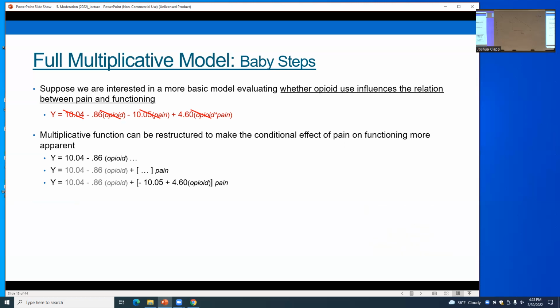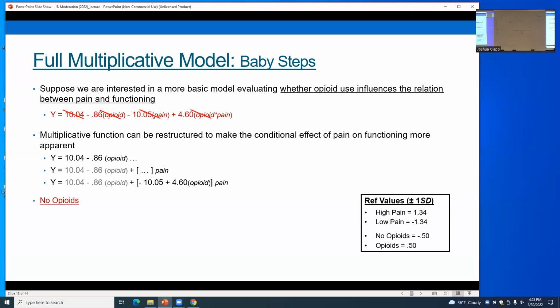And then I've got this restructured equation. This is mathematically equivalent to the original, but I've restructured it to look specifically at what's going into the impact of pain here. So now I want to look at the relation of pain with my outcome, pain and role functioning, for people with no opiates, right?